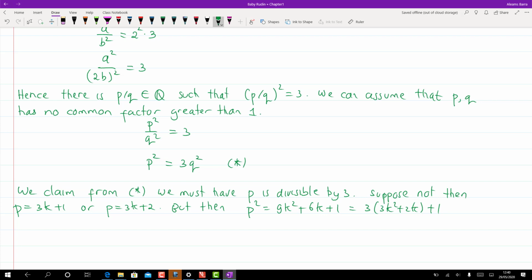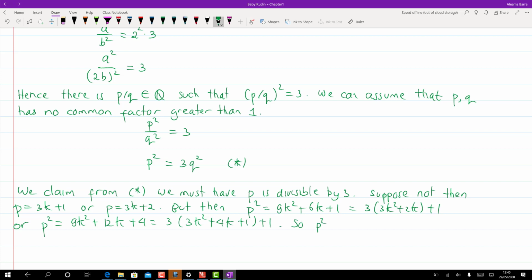So it cannot be a multiple of 3, because it is a multiple of 3 plus 1. For the other case, when p is equal to 3k plus 2, we have p squared is equal to 9k squared plus 12k plus 4, which can again be written as 3 times (3k squared plus 4k plus 1) plus 1.